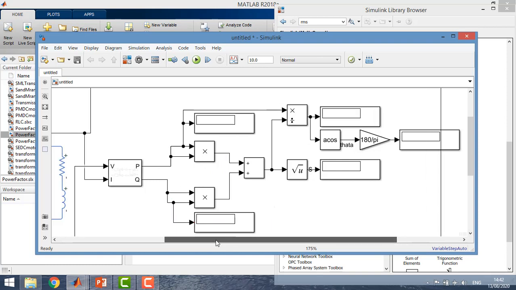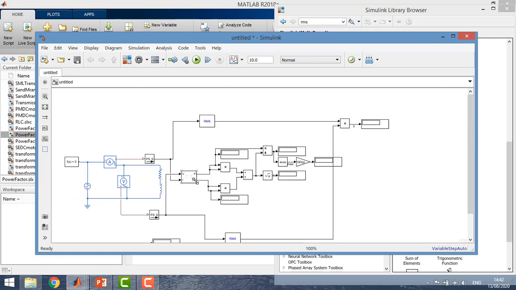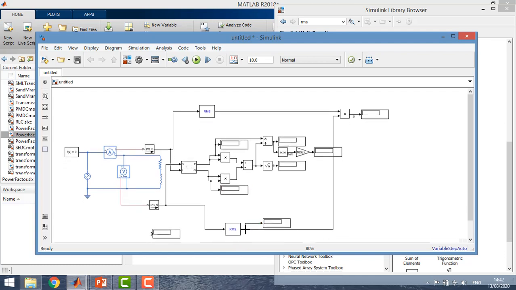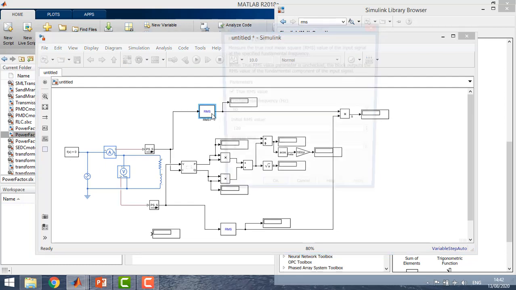Alright, so far so good. Now we use RMS values of the voltage and current to find the apparent power.